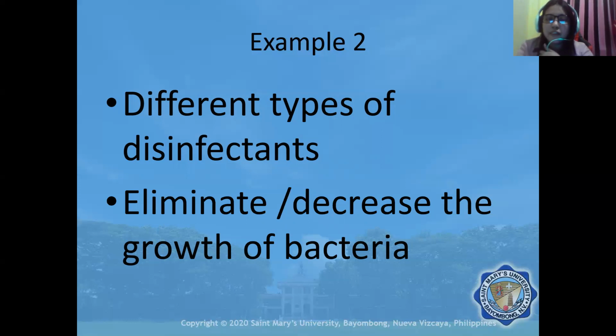So the dependent variable is the zone of inhibition or the measurement of the decrease in the growth of bacteria. While the independent variable is the different types of disinfectant. So you want to know which among the disinfectants is the best disinfectant to use.